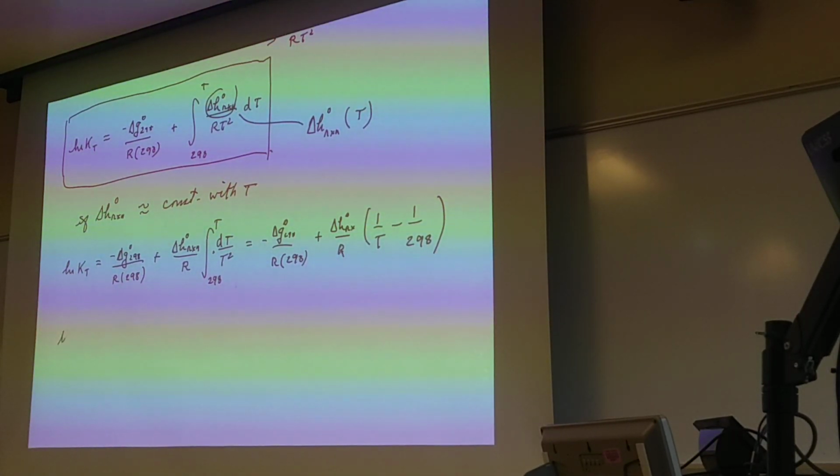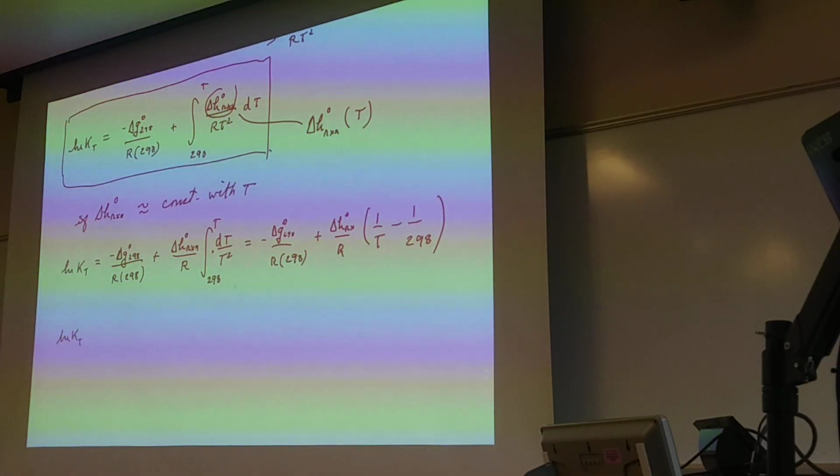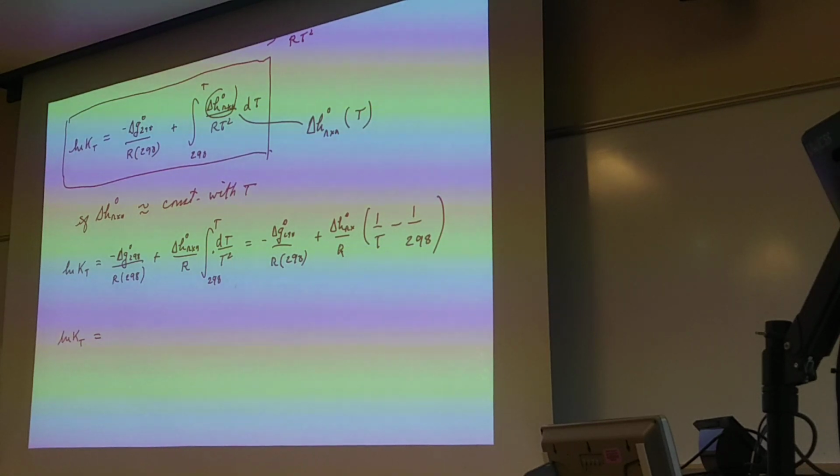So I can now put the stuff together and get another very useful equation, because this approximation is often quite good.